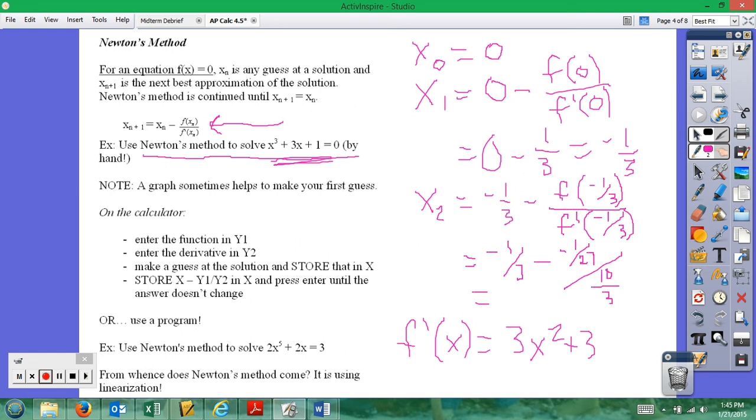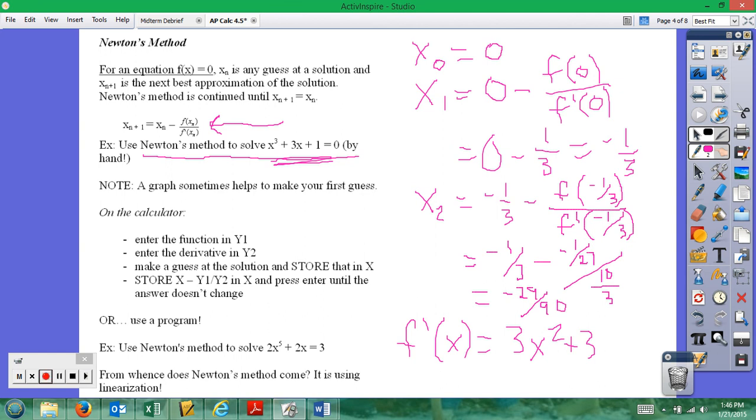Wait, hold on. Reciprocate 1/9, yep, negative 1/90th. So it's going to be minus a negative, so it'll be plus 1/90th. So this negative 1/3, that would be negative 30/90th, plus 1/90th, that's negative 29/90th.